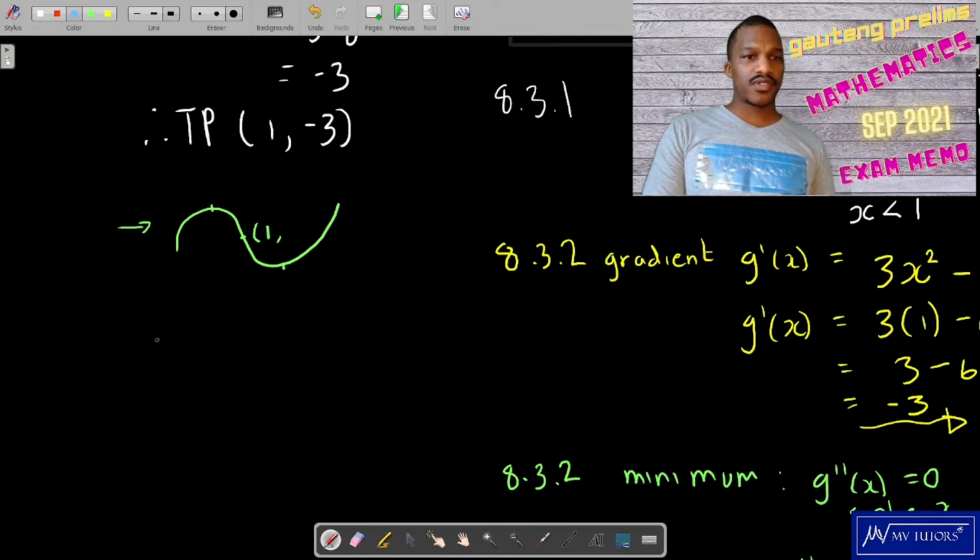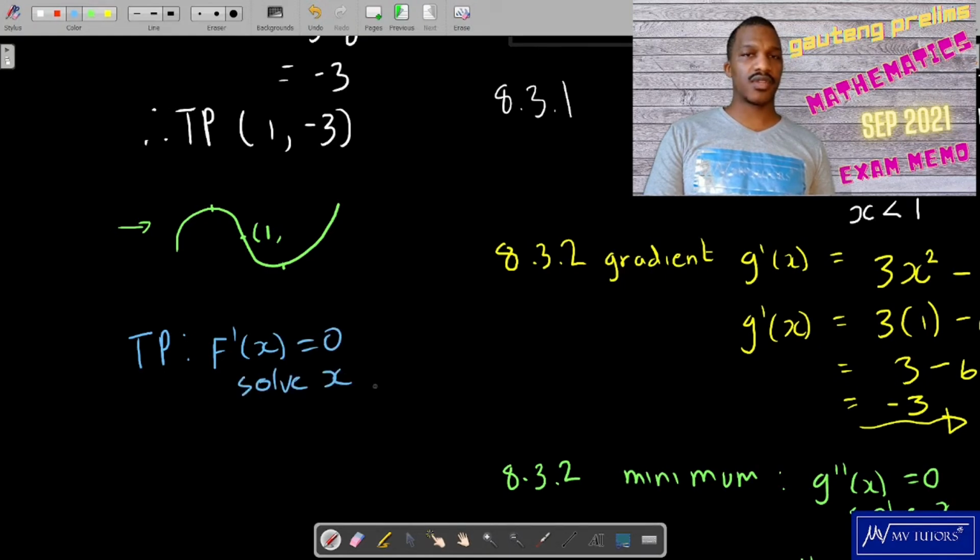The turning points, so to get turning points for a cubic graph, you go to the first derivative, equate it to 0, solve for x. It will give you the turning point. So it's g of x.